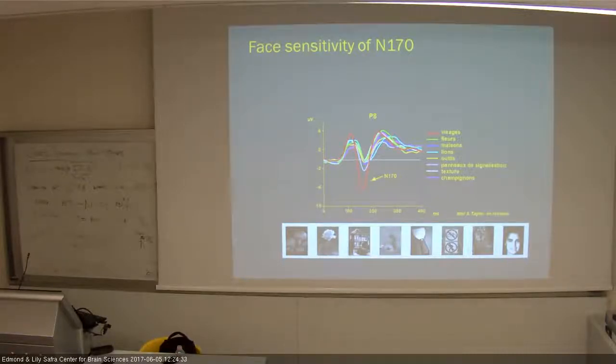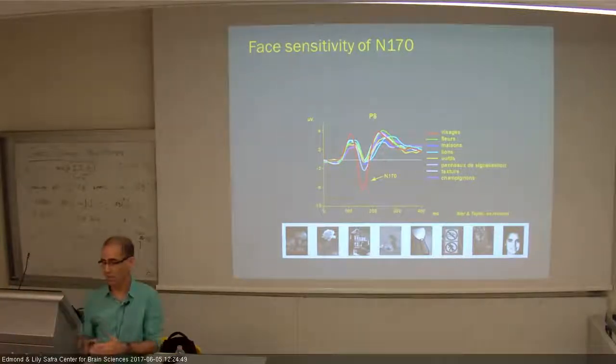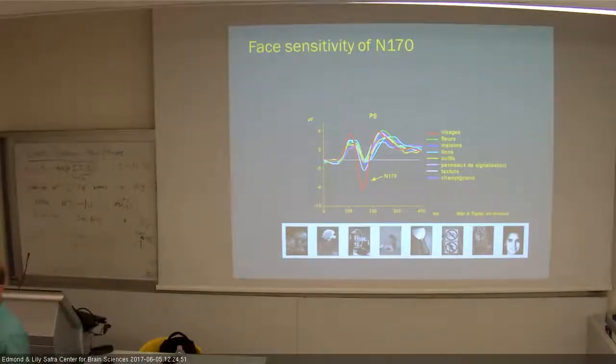So subjects have a very similar response to faces, but may have a more variable response to the other categories. So when I try to find these specific responses, it always requires averaging over subjects, and if there's more variability, it will look like there is no specific component for the other categories, but there is one for the faces. Yeah.